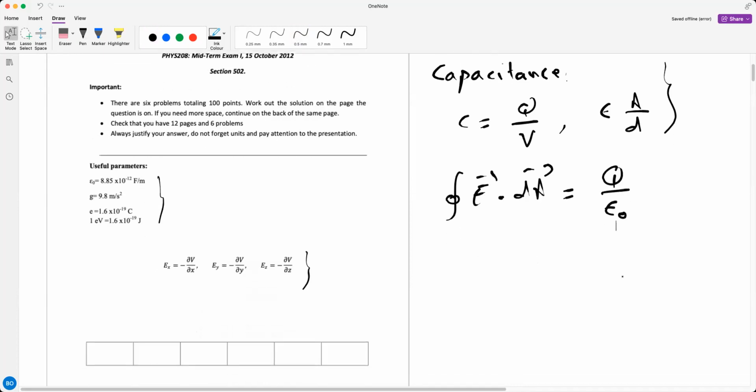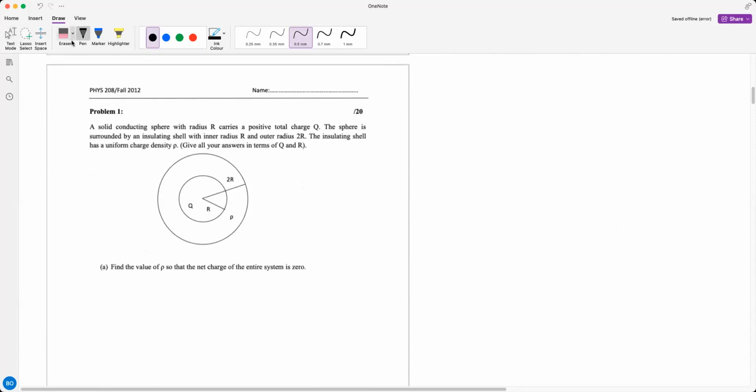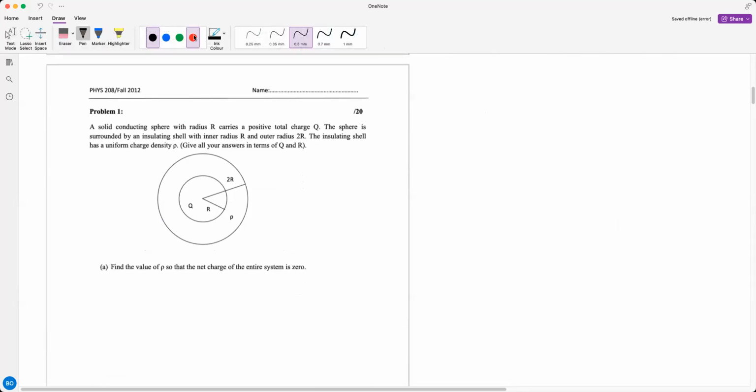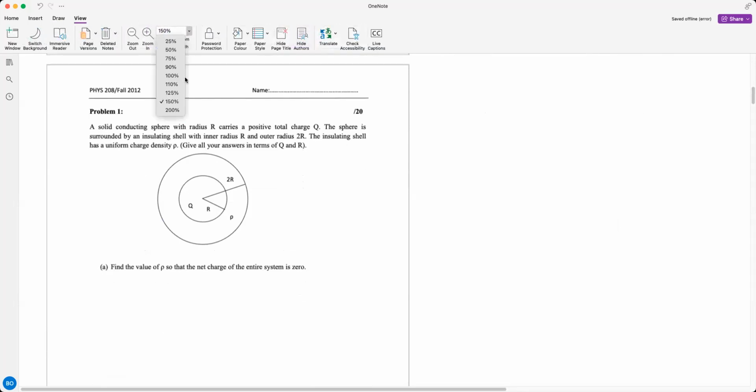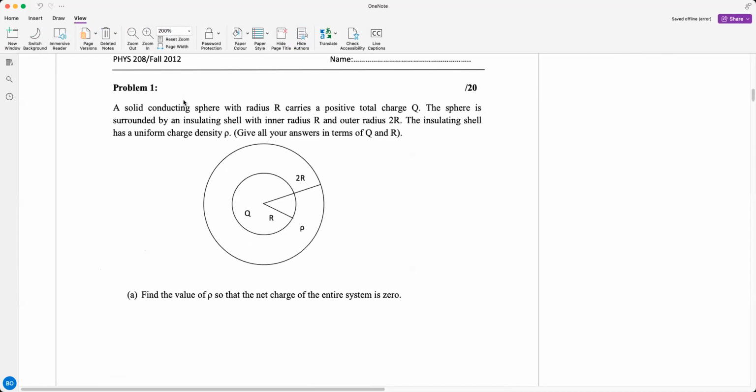Okay, so let's start this exam. Let me see if I can make it 200. Okay, so a solid conducting sphere with radius r carries a positive total charge q, and the sphere is surrounded by an insulating shell with inner radius r and outer radius 2r.